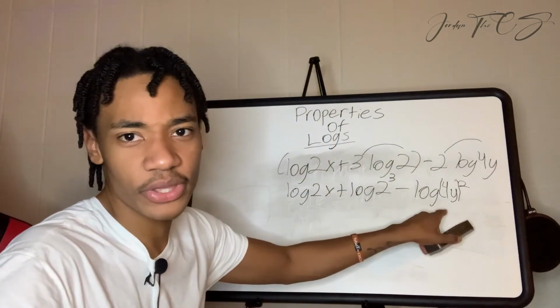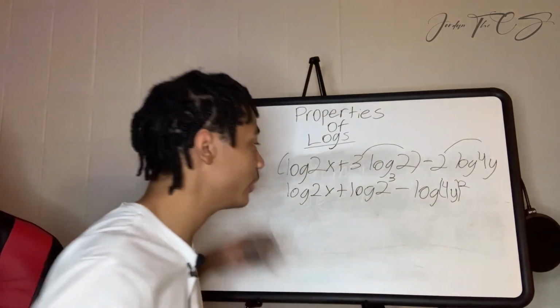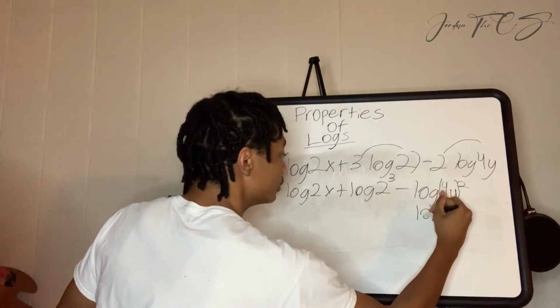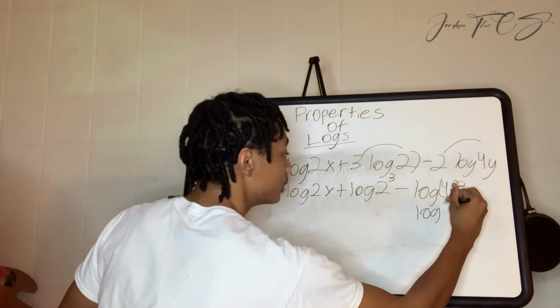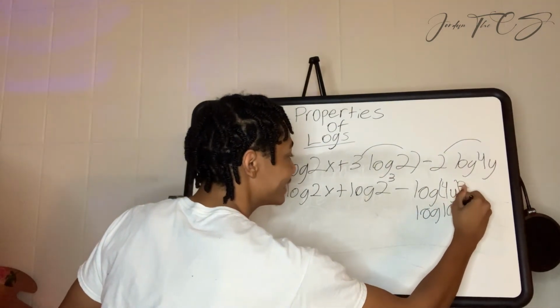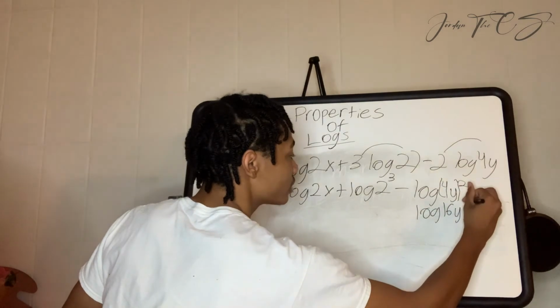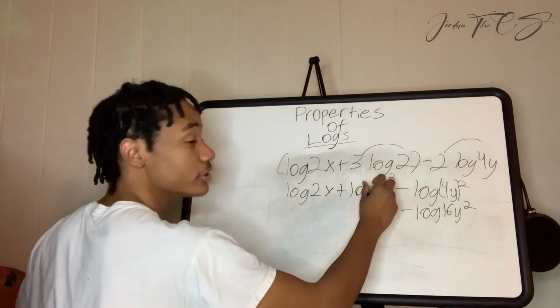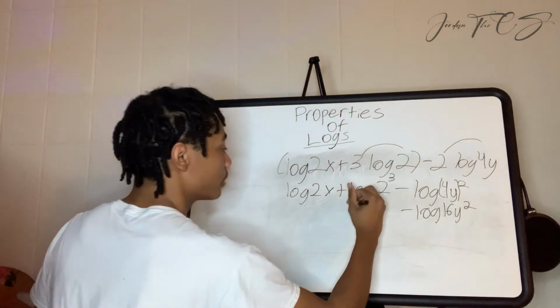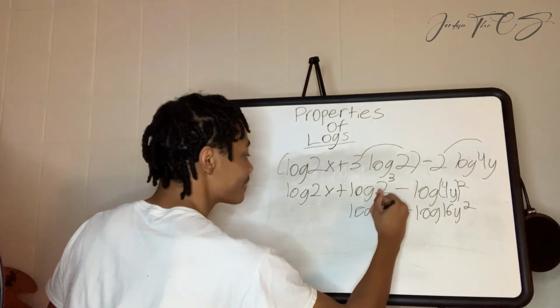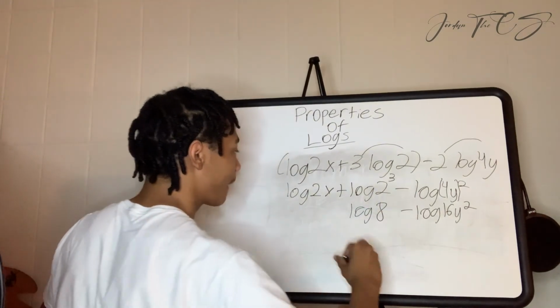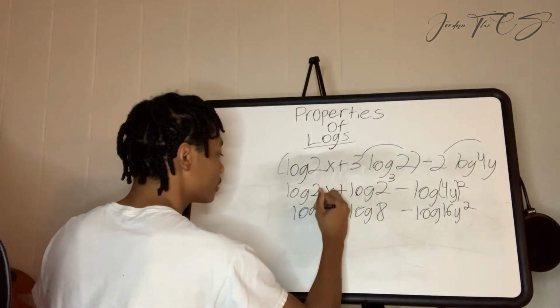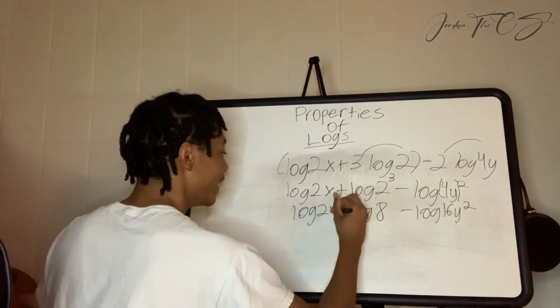Now, if we distribute this between 4y, we're going to have log 16y squared. And then 2 cubed is going to be equal to 8. So we're going to have log of 8 plus log 2x.